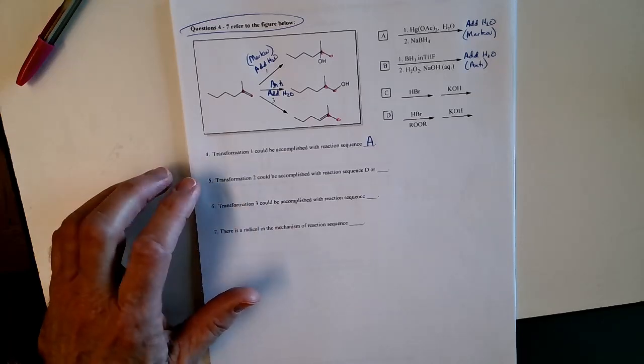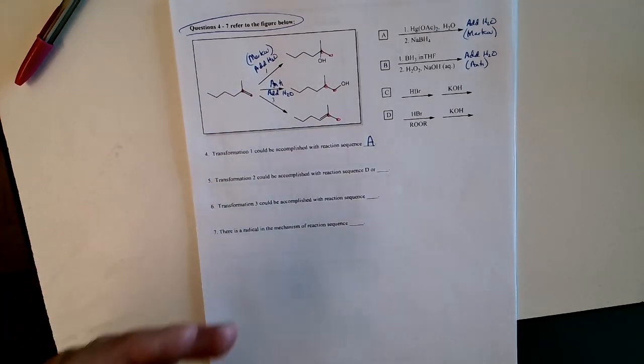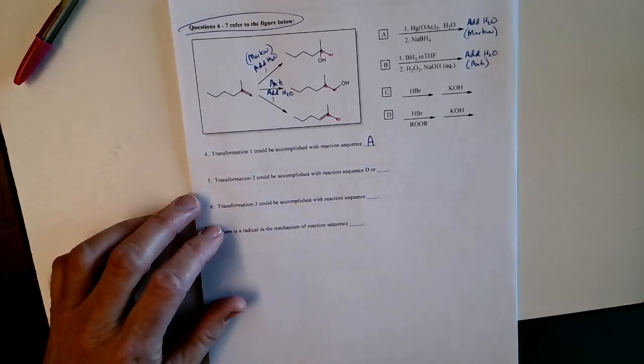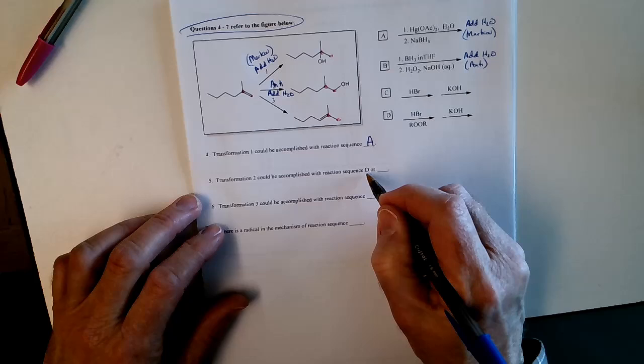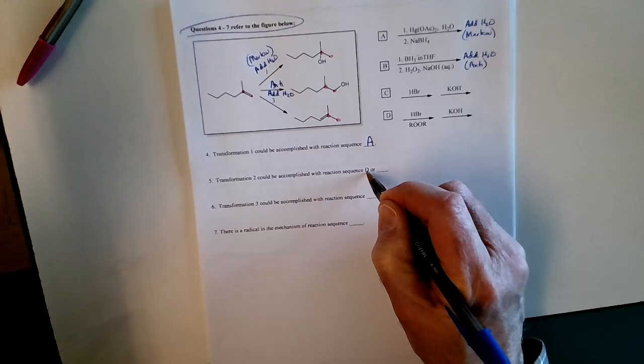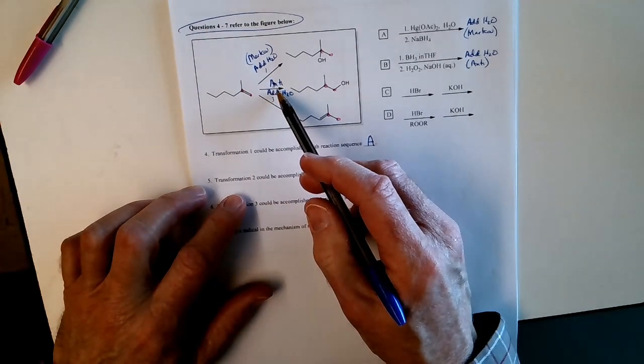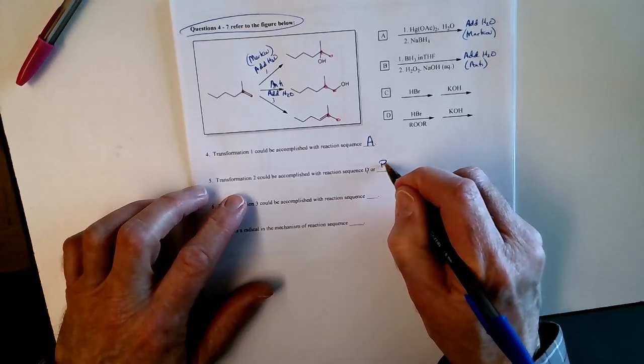Now this is an example of a question that's kind of intended to lead you to an answer, a little bit of a hint. This is telling you that sequence D ought to accomplish the same thing as the choice that you're making here. And we already know that transformation 2, looking like it's anti, that could for sure be done with B.